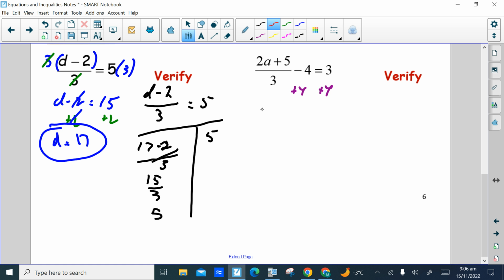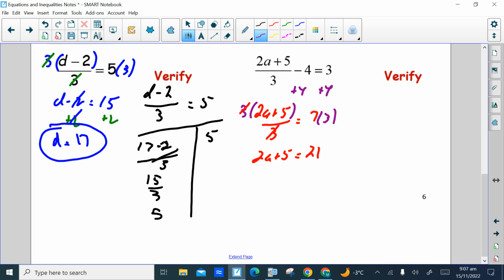So on the left side, the minus 4 plus 4 cancels. We'll have 2a plus 5 over 3 equaling 7 on the right. Now what? So on the left side, 3 divided by 3 cancels. And you'll have 2a plus 5 equaling 21.